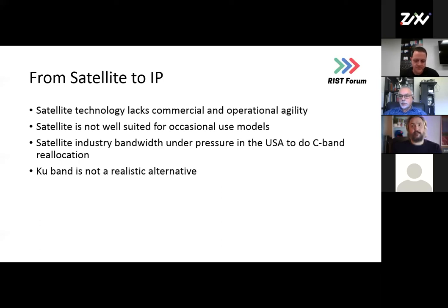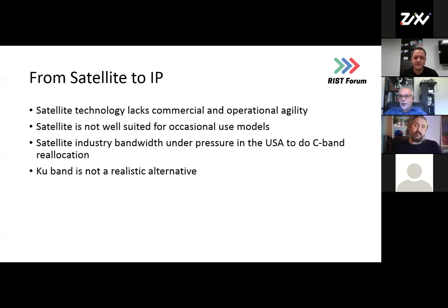So maybe you want to spin up a new channel and run it for a month and see how it works. Things like that really are not practical with the traditional satellite contracts, but with terrestrial IP, it's easy to do. You can spin things up and down very easily. Yeah, if you've forgotten to book your satellite access for a key event, you're in trouble, right? But with IP, you can generally recover quite quickly.